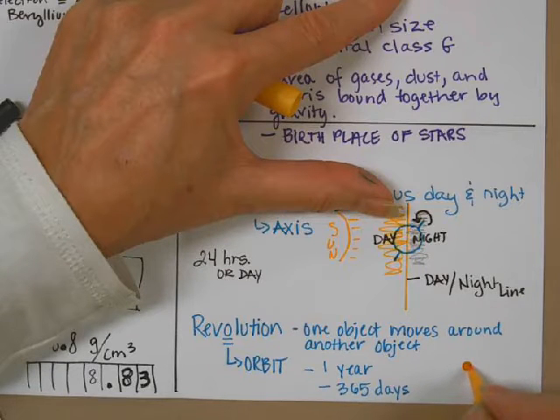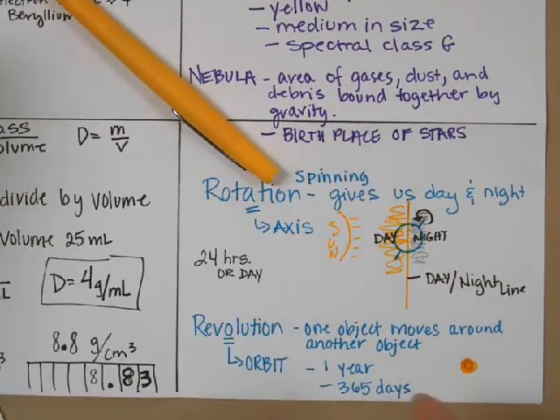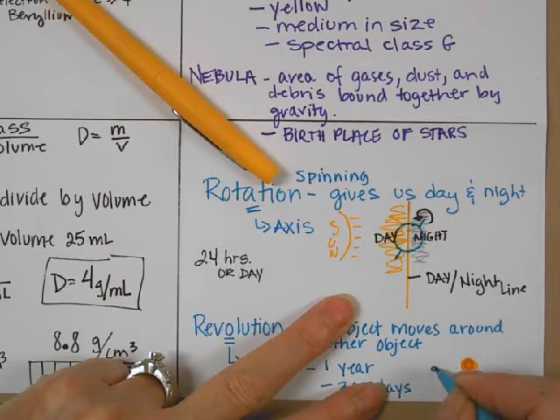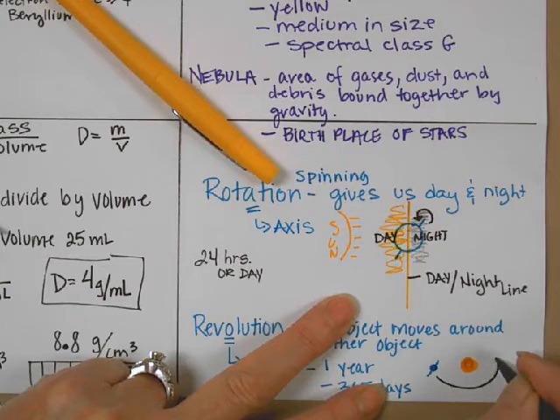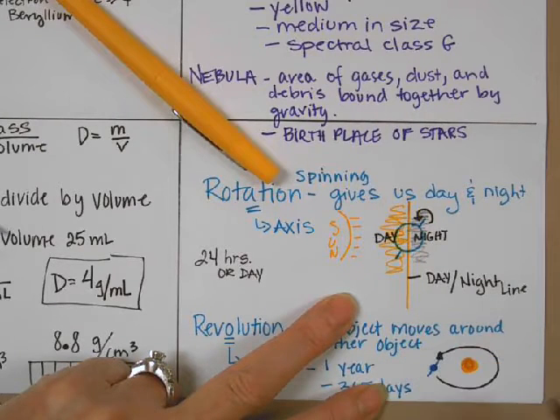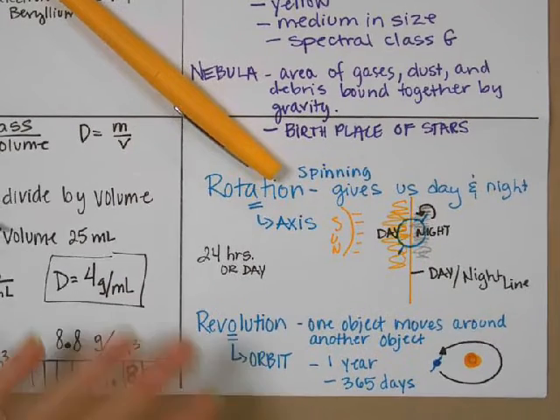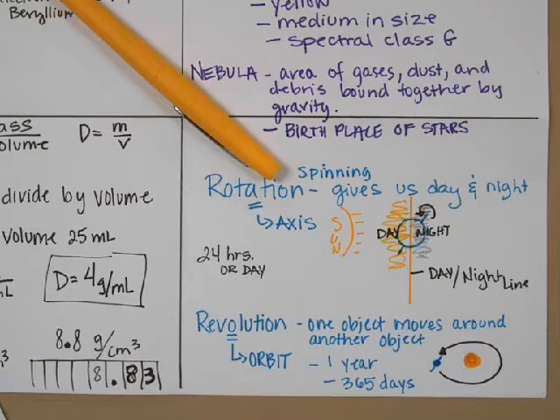So if this is my sun here, and here's Earth, it would move all the way around the sun in an elliptical orbit, and that motion from this point all the way back is going to take 365.25 days, basically. And that gives us a year.